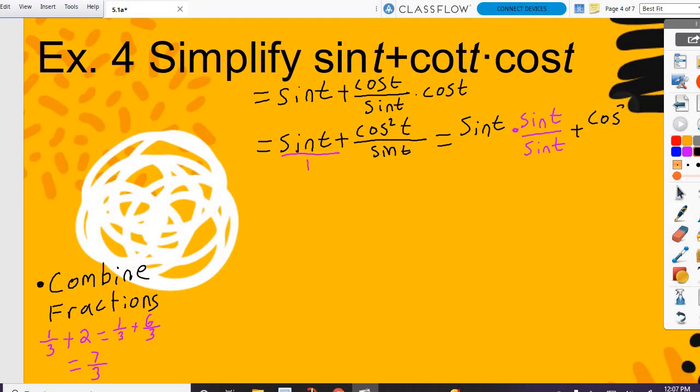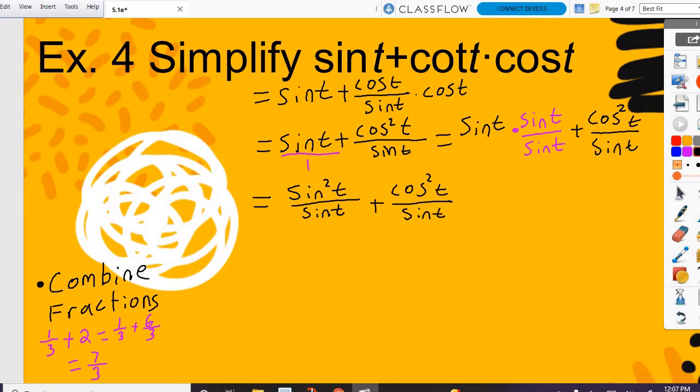I can only change the way it looks. So it has to be equivalent to 1. So now, what is sine times sine? Sine squared. Okay. And then I can add them together.